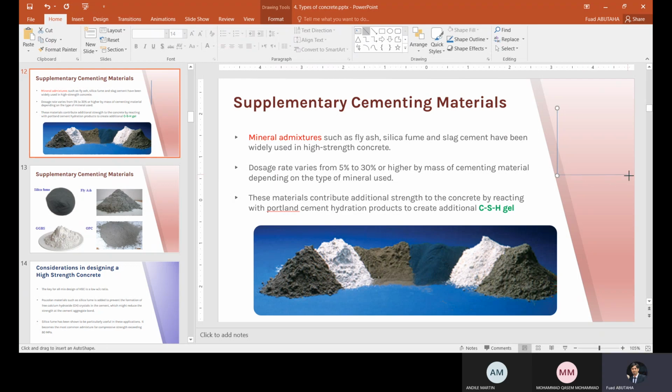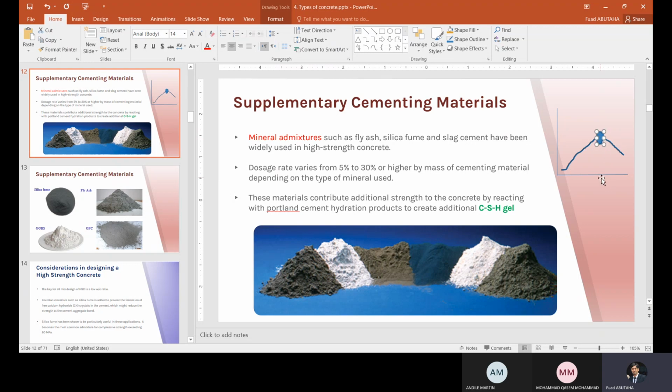If we have a chart with the compressive strength and the percentage level, we can see that the higher the percentage level, the higher the strength, but at some point it will negatively affect the strength of the concrete. And this would be the maximum, the optimum replacement level. If I replace at 5%, 10, 15, 20, yes, the higher the replacement level, the higher the strength of concrete.